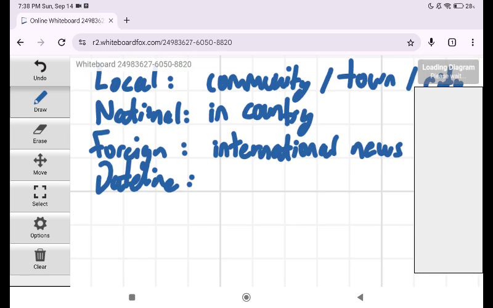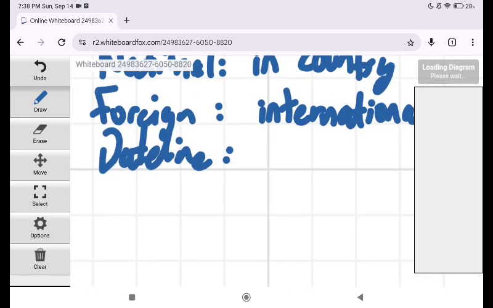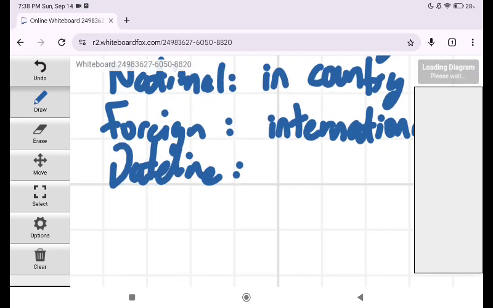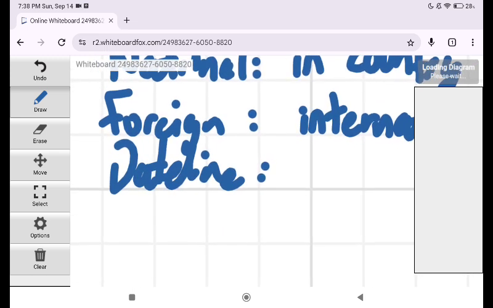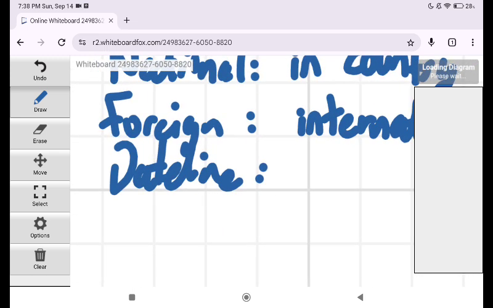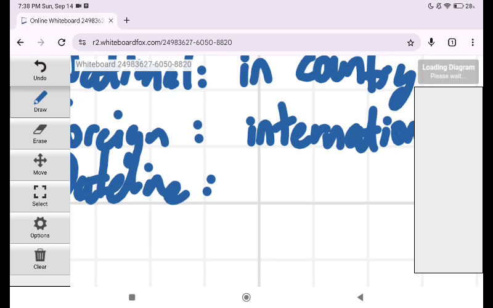And the dateline news, this one is particularly interesting because it takes place outside of where it was published, but the place where it was published along with the date are stated at the beginning.